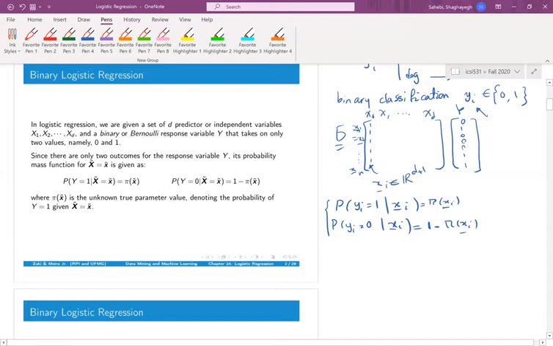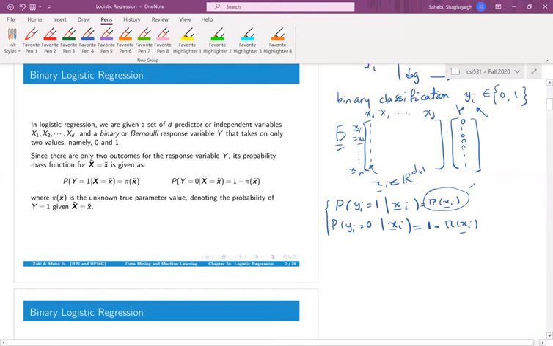And our goal is this pi, which, as you can see, is a function of xi, right? The probability that a specific animal is a cat depends, according to our data set, on its weight and its height. So it's a function of height and weight, so it's a function of xi.